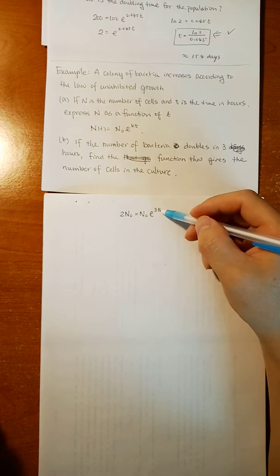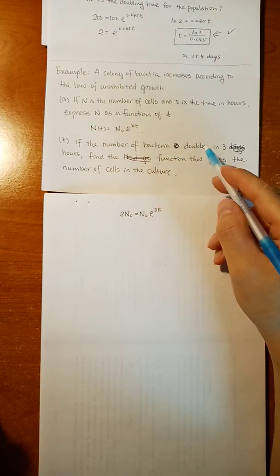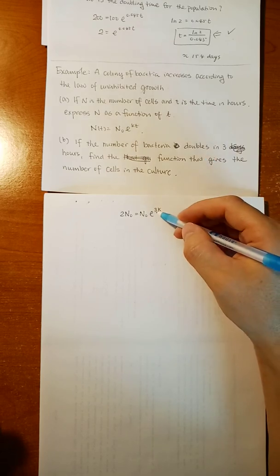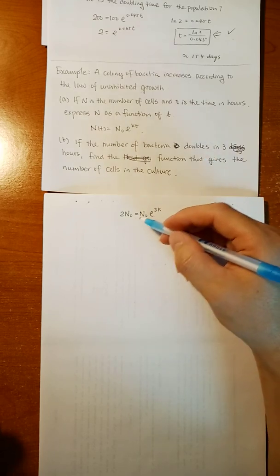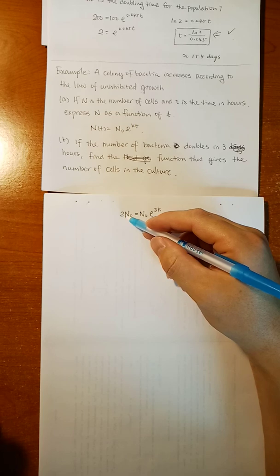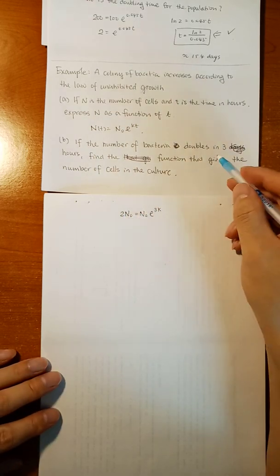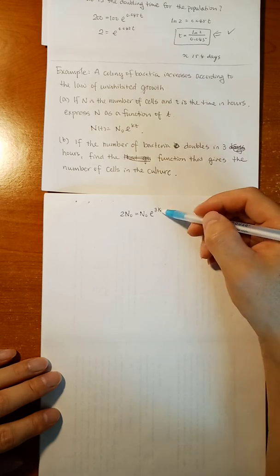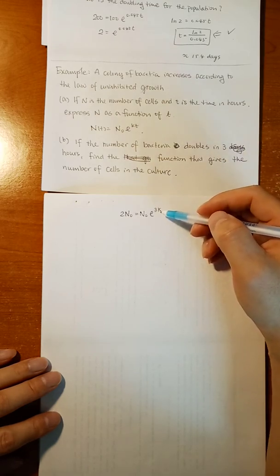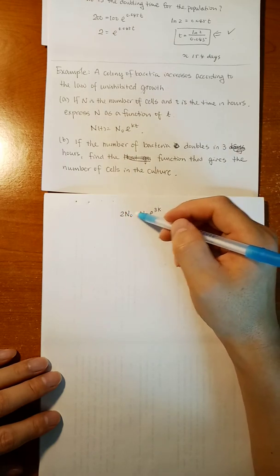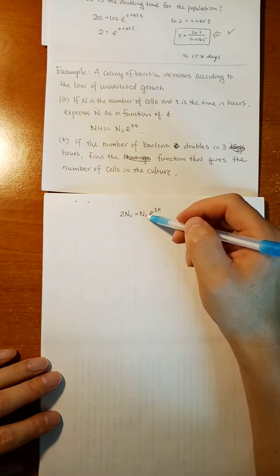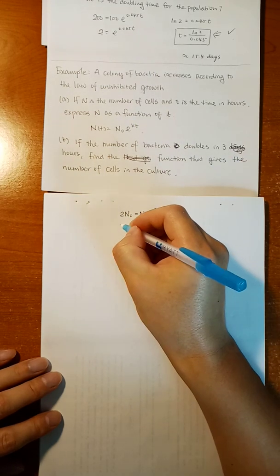So when t is 3 hours, the number of bacteria is 2 times n sub 0. So this is our condition. And we're looking for this coefficient k, the growth rate. You see here the real number of bacteria at the beginning does not matter because they are cancelled.